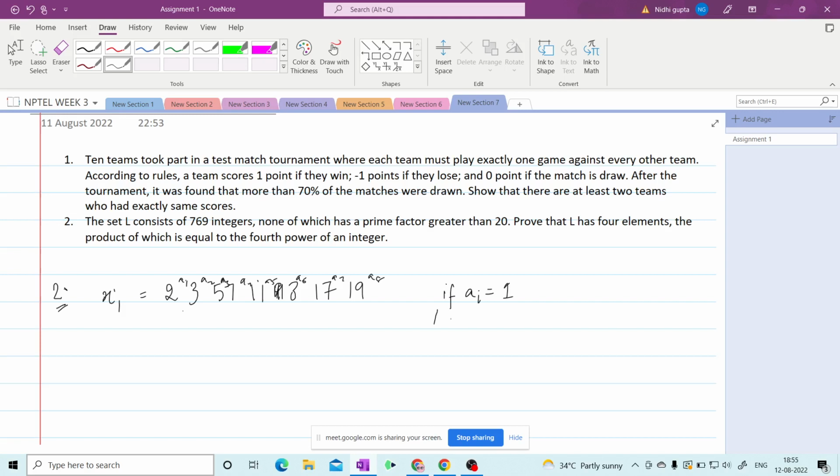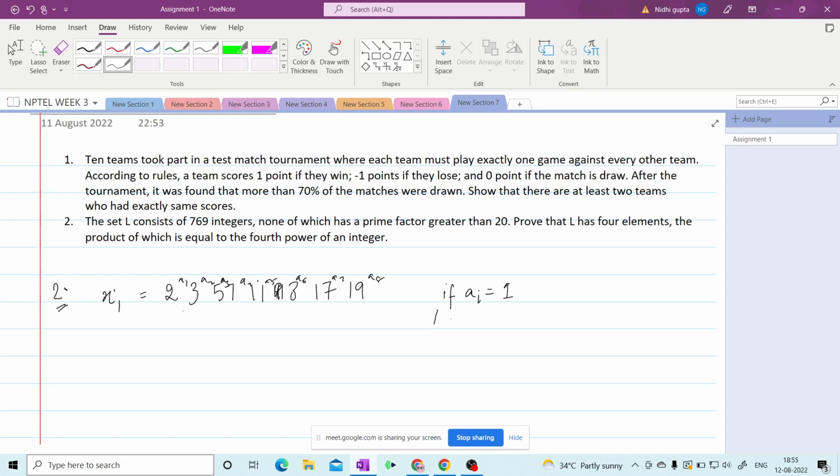So that part we have omitted, where we are getting a single odd power. Other than this, if we multiply, then automatically we have a number whose product's square root becomes a square, because we have a sufficient number of pigeonholes, 769 were given.